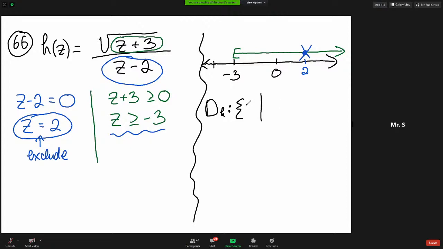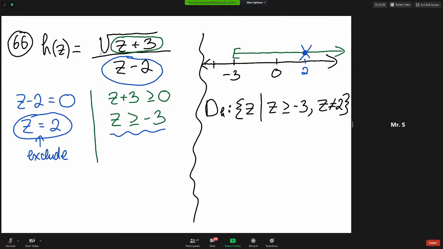So set of all real numbers z, such that z is greater than or equal to -3, but we also want to make sure that z is not equal to 2. So that would be one way, and that's what some of you wrote, I believe.